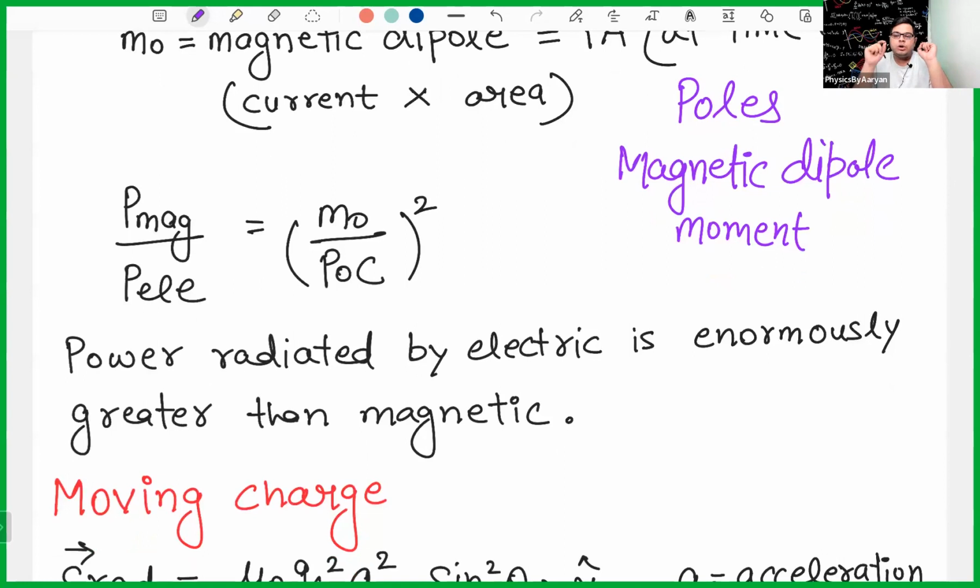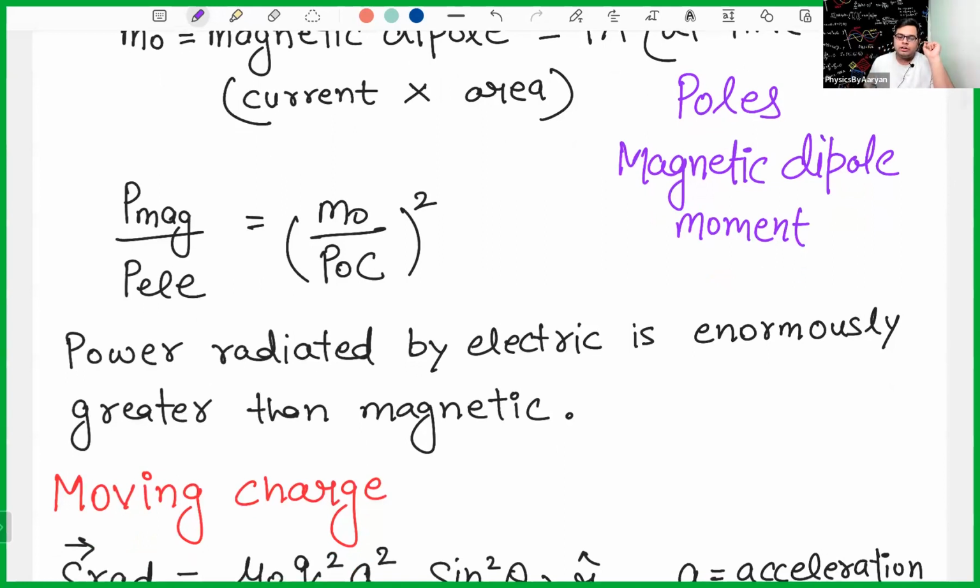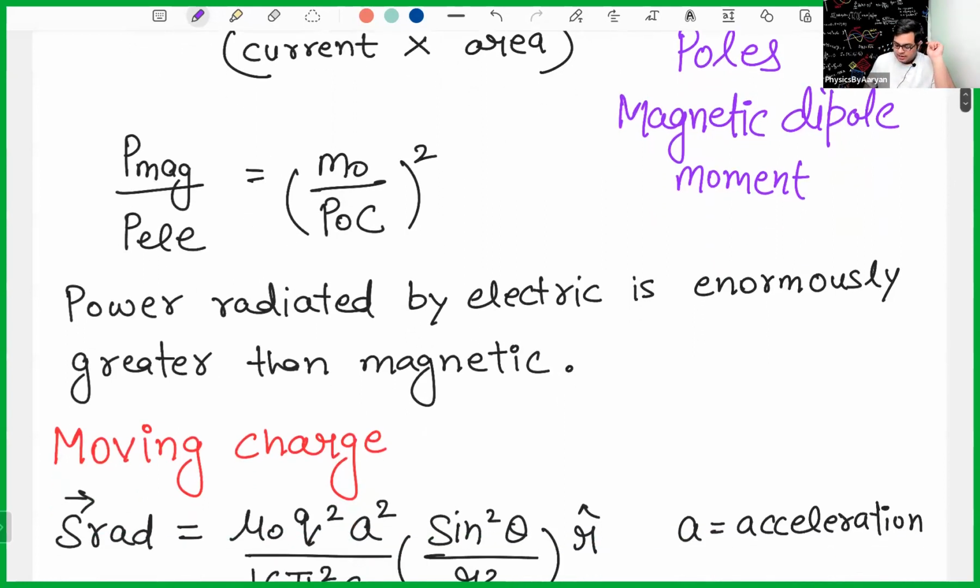If you calculate these numbers, you will realize that electric power is much larger than magnetic power. The magnetic power radiated is very small compared to the electric power radiated, because this number comes out to be much less than 1.